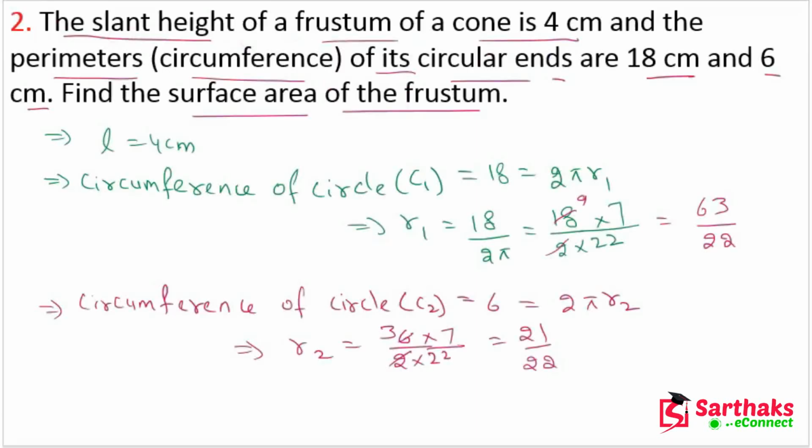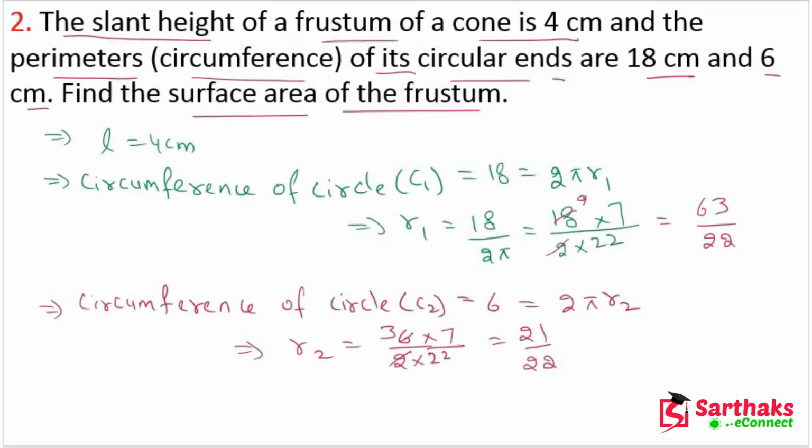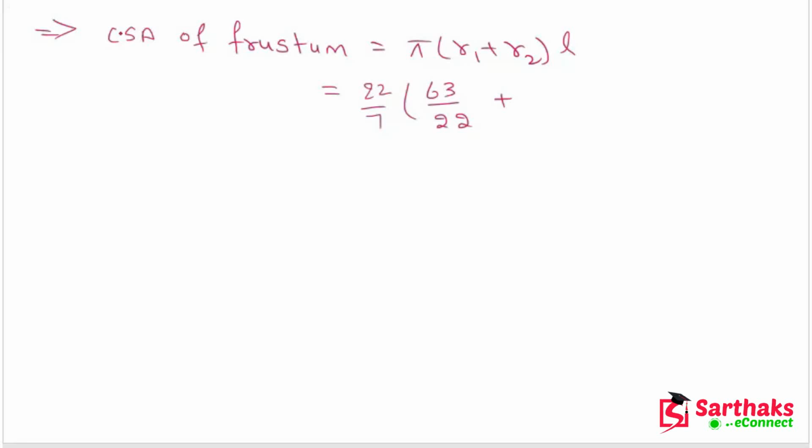If we see this, we have 63 upon 22, plus what is r2? This is 21 upon 22, into L. We have L is 4 centimeter.